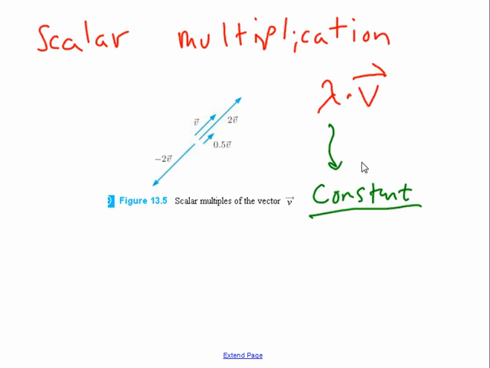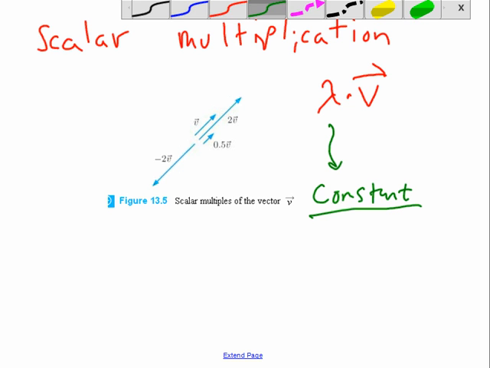This constant value here is the Greek symbol for lambda.